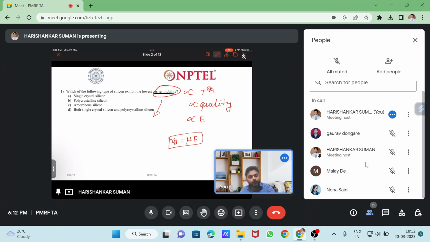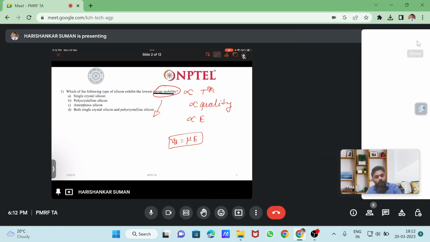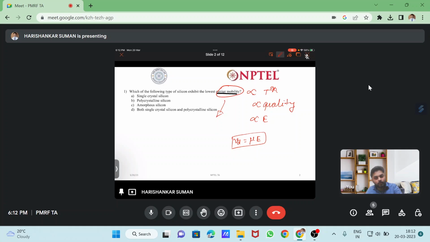Exactly what do you want, sir? Carrier mobility: how can you derive it, or what experiment is needed for carrier mobility? I want the physical interpretation of how carrier mobility characterizes our solar cell. It is basically related to material quality.